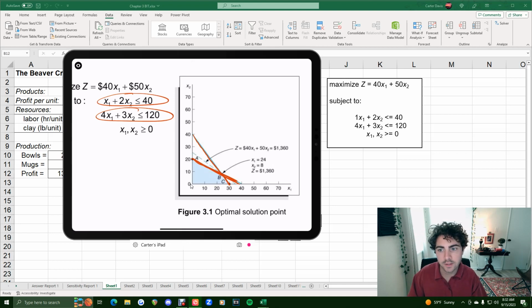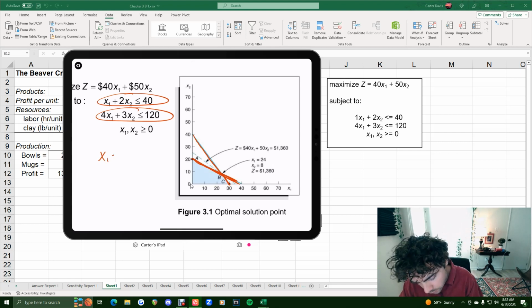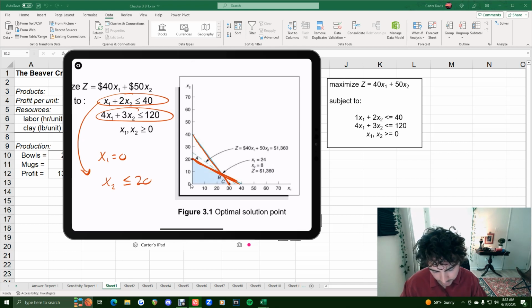If you wanted to find the x2 intercept, you would set x1 equal to 0. For this one, set x1 equal to 0 and solve for x2. You get x2 is less than or equal to 20 once you divide by 2. So you should see an x2 intercept of 20 for that first one, which we do.